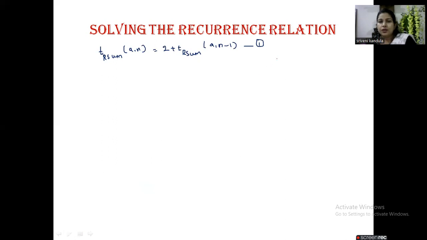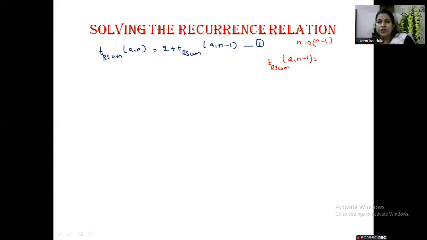So let's do that. I just want to find out the value of T_rsum(a, n minus 1). How will I get this? Take equation 1. In place of n, you just substitute n minus 1. So wherever you find n, you just replace it with n minus 1.